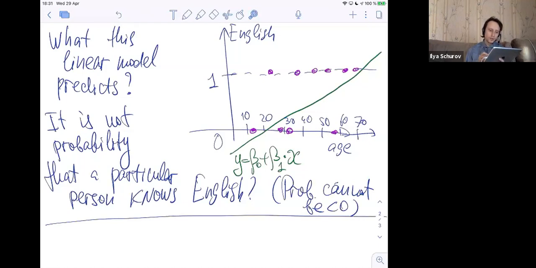And actually, this problem arises in any case if we use a linear model, because any linear function gives us a function that takes any possible value, negative or positive, all over the real line. So we cannot use this linear model, at least in this way, to get some meaningful predictions. So we want to do it in a bit different way.